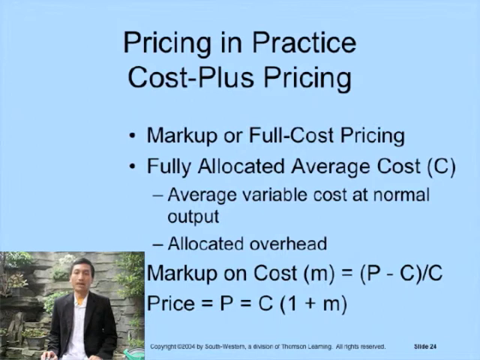And then, we can calculate the markup on cost equal to price minus cost divided by the fully allocated average cost, and price equal to fully allocated average cost multiplied by 1 plus markup on cost.